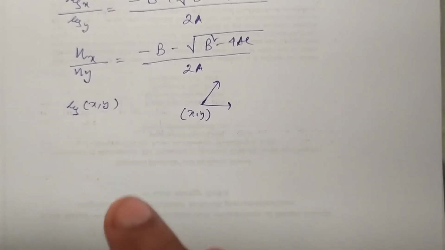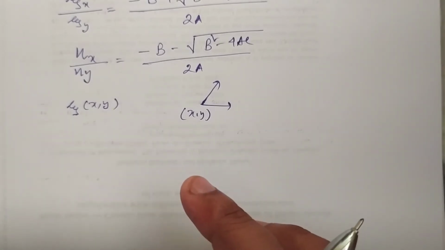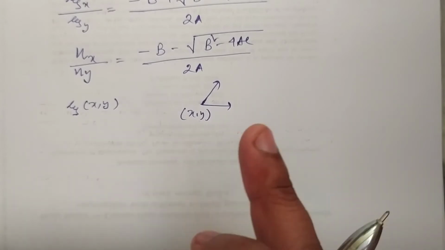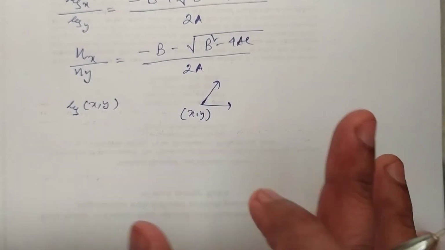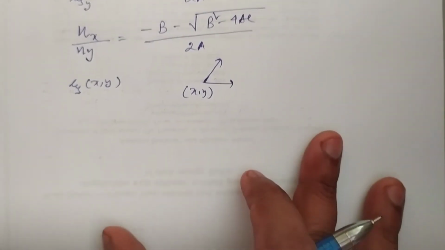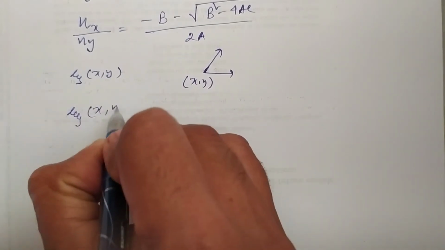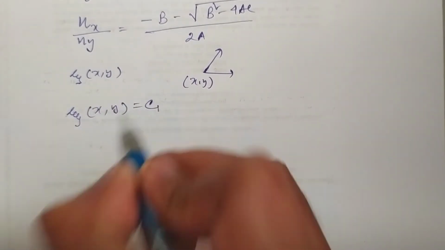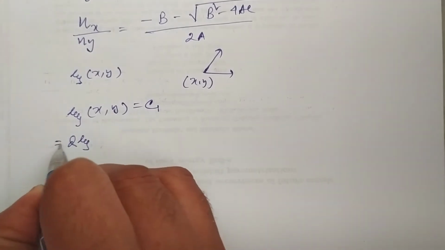For the two solutions of such a quadratic, we consider only one solution of each, and we can process the equation. How? If you consider xi(x,y) equal to c1, then obviously d xi should be equal to 0.